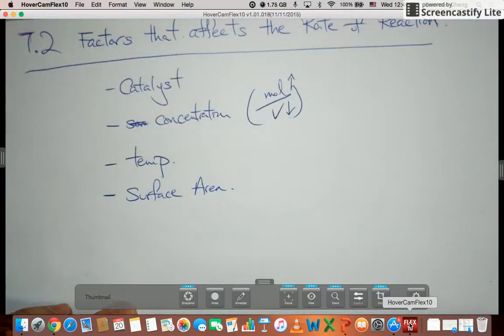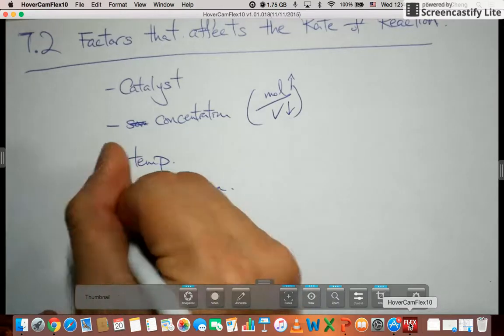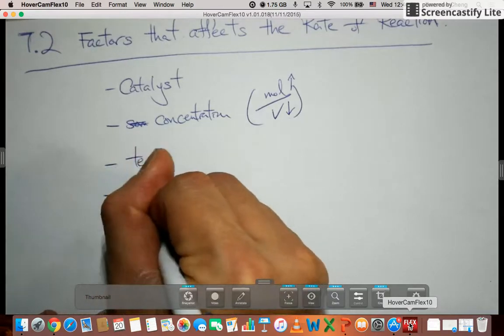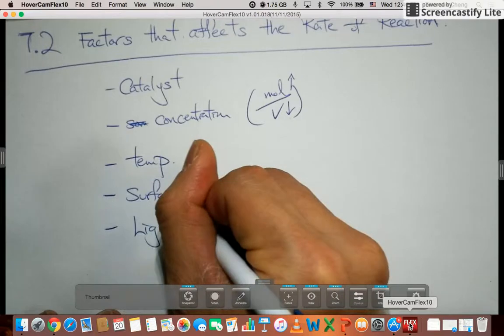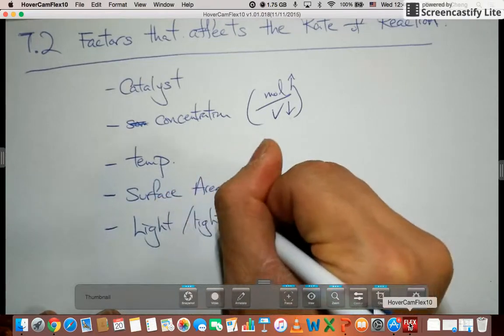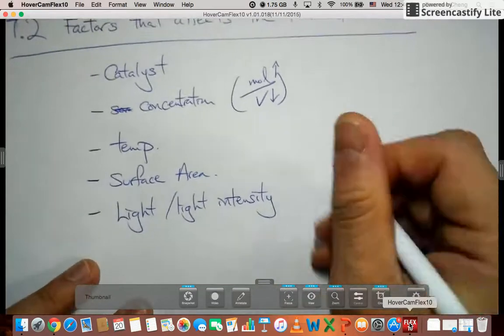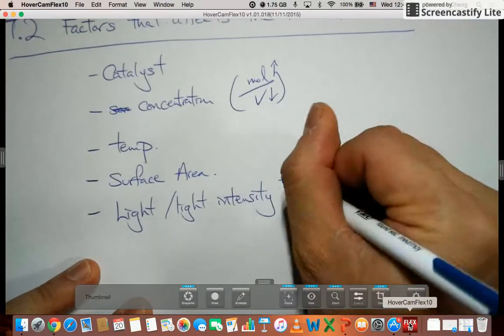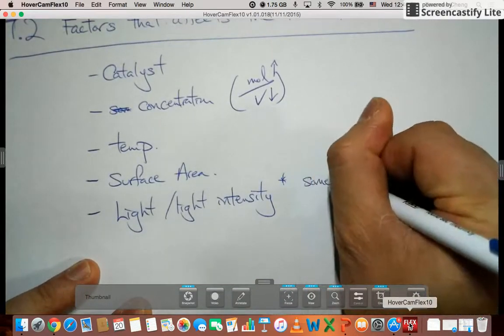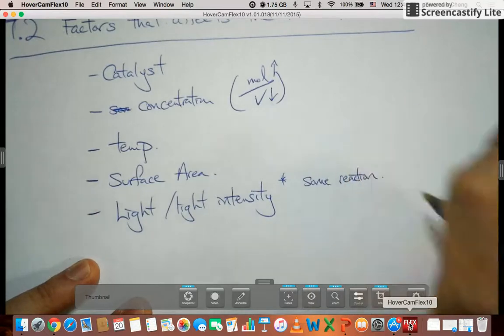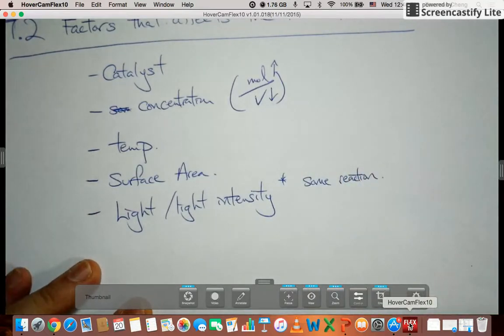Now, in the textbook, they do mention another one, that is light or light intensity. Now, this particular factor is really only for some reactions. But you will definitely know of one of them.